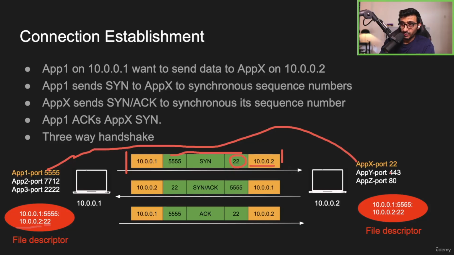I want to go to 22, so this particular app I want to go to, okay? We identify it by the destination port, and the source port is 5555, and the source IP is 10.0.0.1. Then you send something called SYN, which stands for synchronize. This is called the SYN segment, and it says, hey, I am interested in establishing a connection with this port.